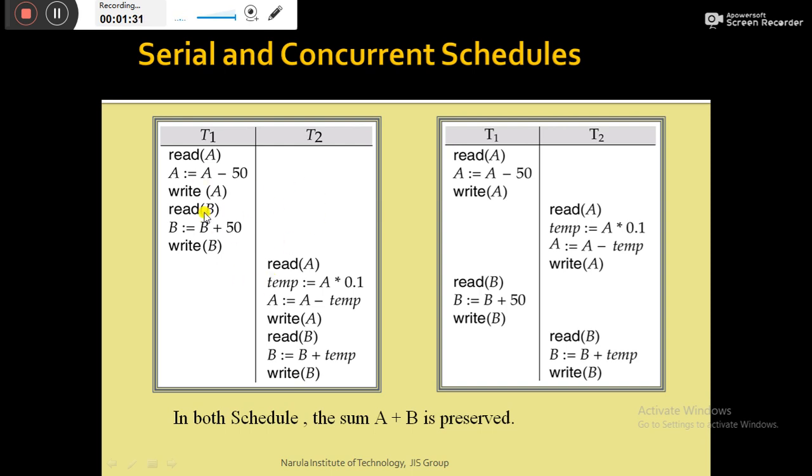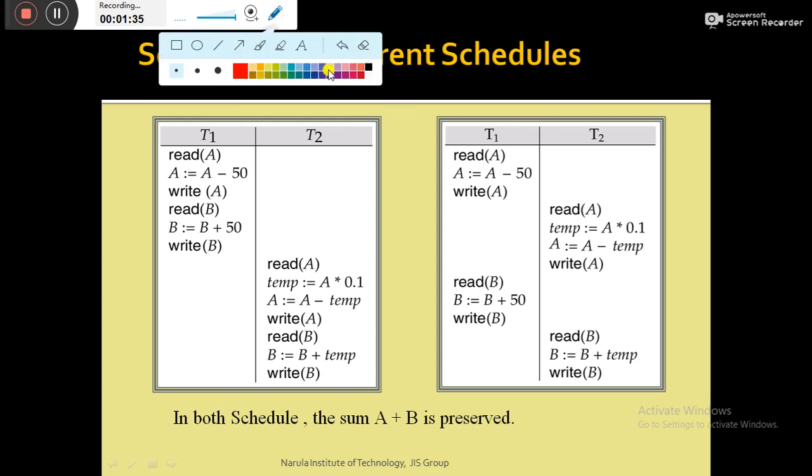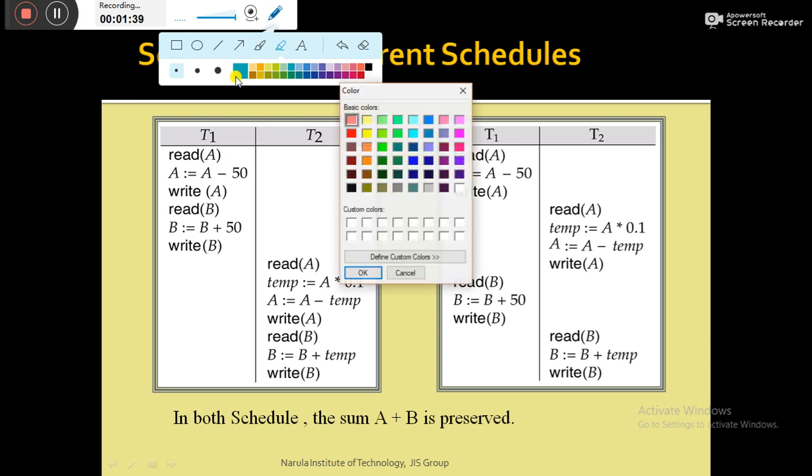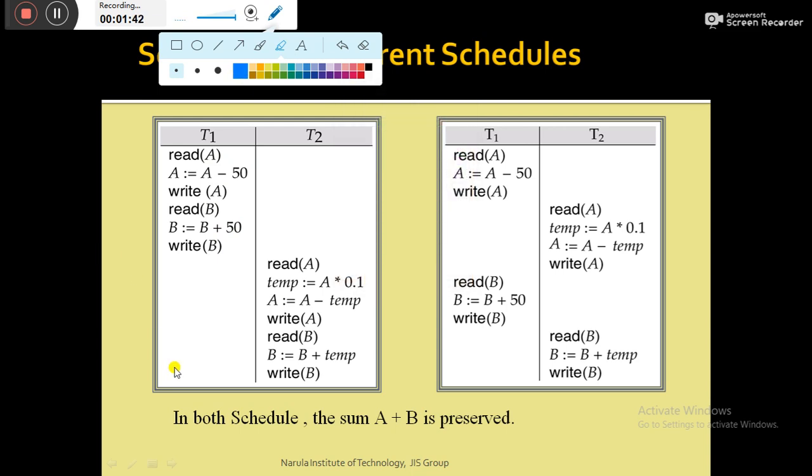If you look at this schedule, there are two transactions, T1 and T2. These are the instructions which belong to T1, and all of them appear together in a single place.